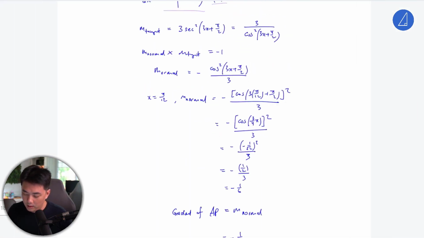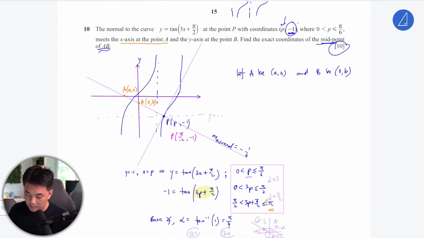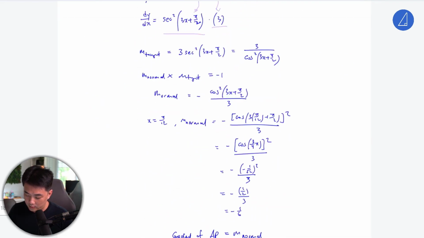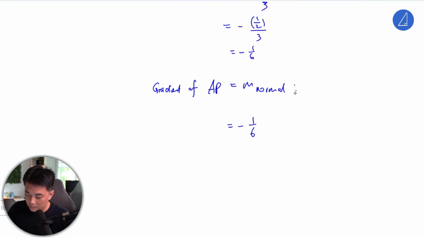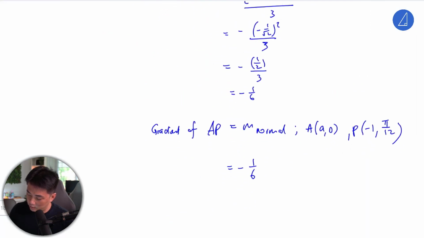Gradient of AP, we have A as A, 0, P is pi over 12 comma negative 1. So let me just write it down. A is A, 0 and P is pi over 12, negative 1.